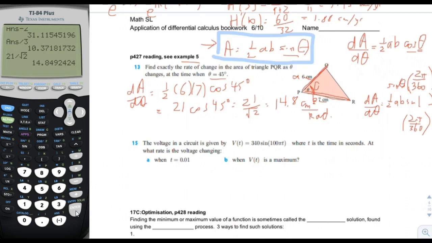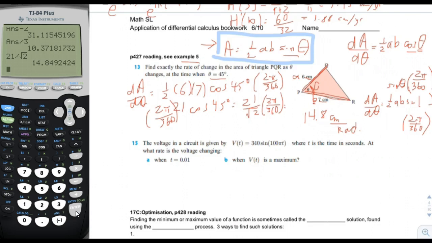So we multiply by 2 pi over 360. So here, instead of just having cosine 45, we're also going to have 2 pi over 360. And instead of 21 over square root of 2, we're also going to multiply times 2 pi over 360.